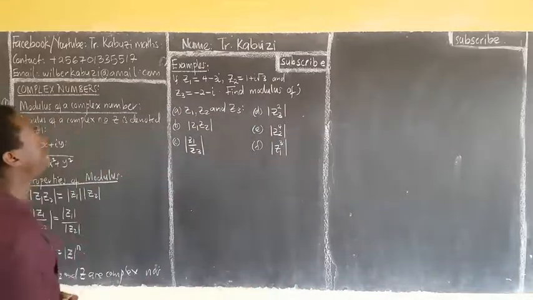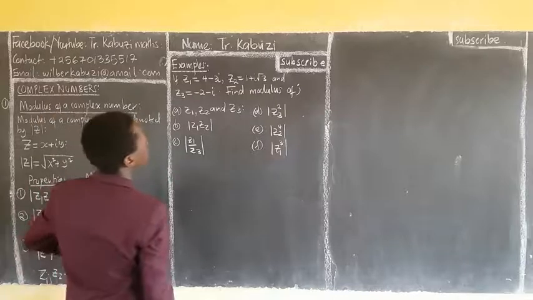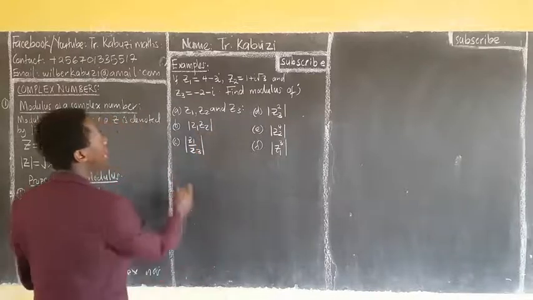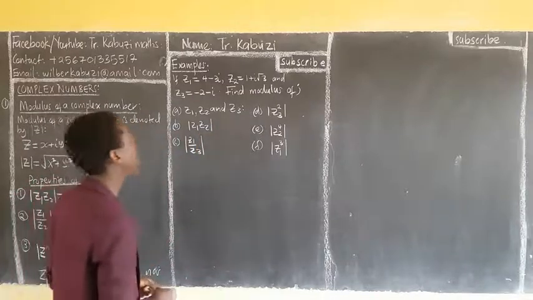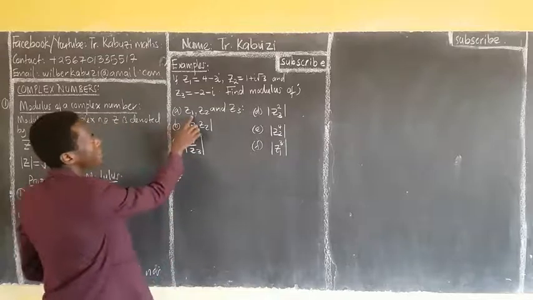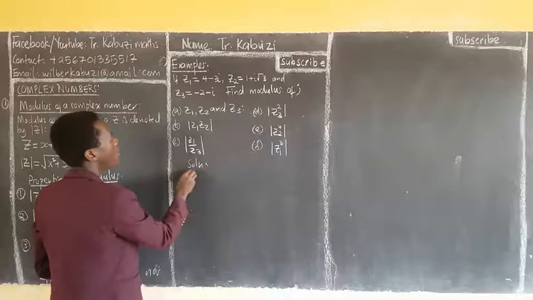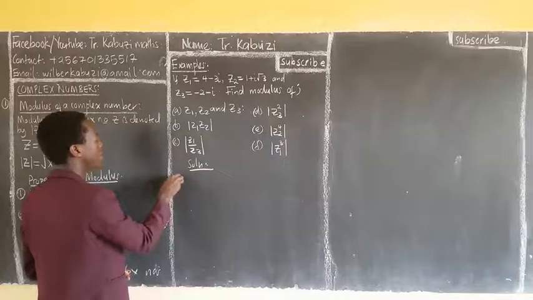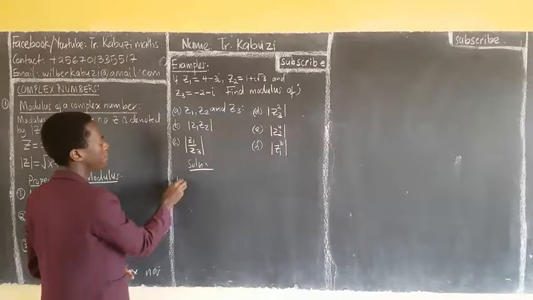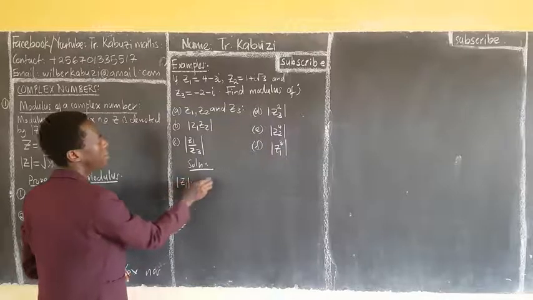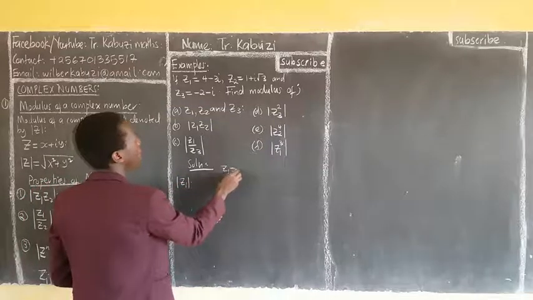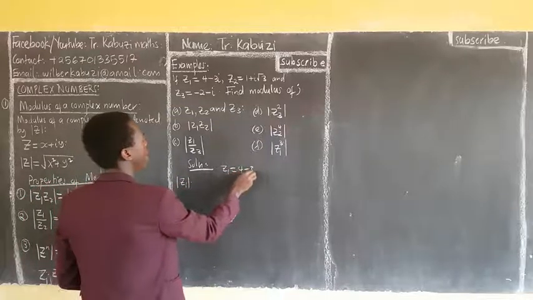We are going to see examples: if z1 is that, z2 is that, and z3 is that, find their modulus. A, z1, z2, z3. So the solution here, I'm going to start with the modulus of z1. First of all, my z1 is given by 4 minus 3i.